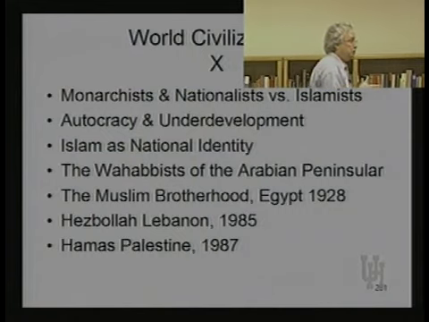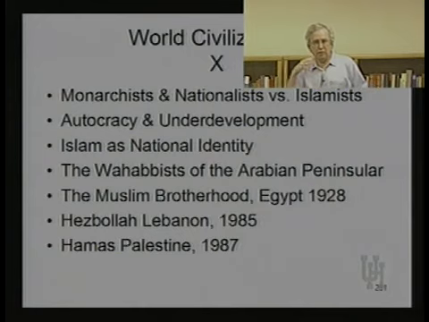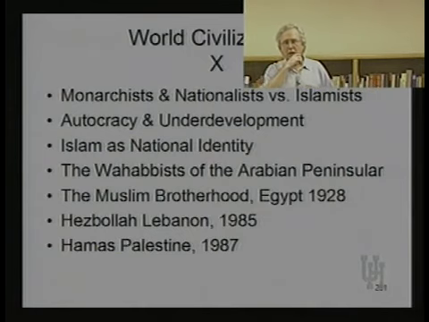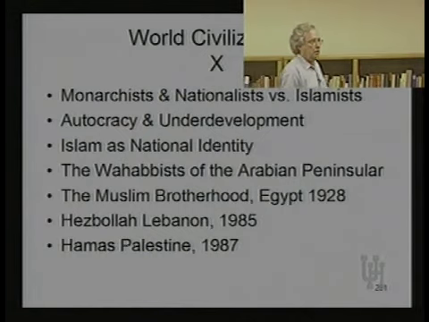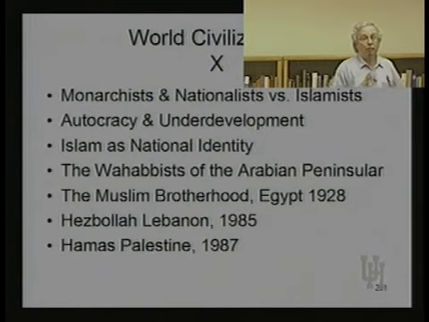Other Islamist movements have emerged in Lebanon: Hezbollah, which is largely supported by the Shiite branch of Islam in Lebanon, and Hamas in Palestine, offering an Islamist alternative to the PLO.